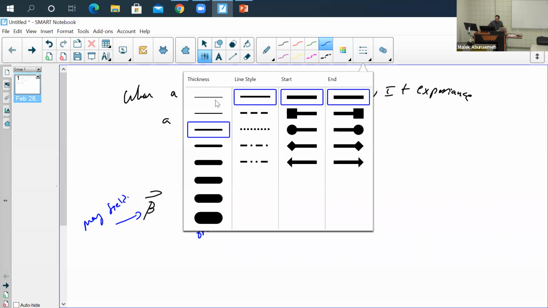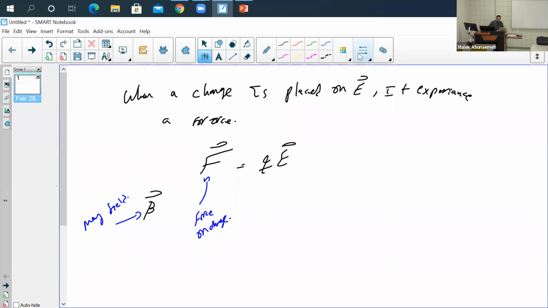Now, your magnetic force is going to equal the charge times the velocity of the charge cross beta, which is your magnetic field. Let me actually explain this.